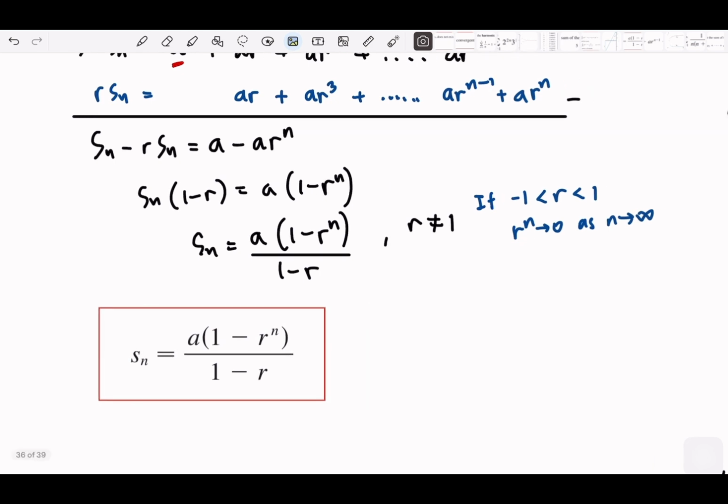Now we'll write for a while here that if we take the limit of Sn, it is the limit of all of this.